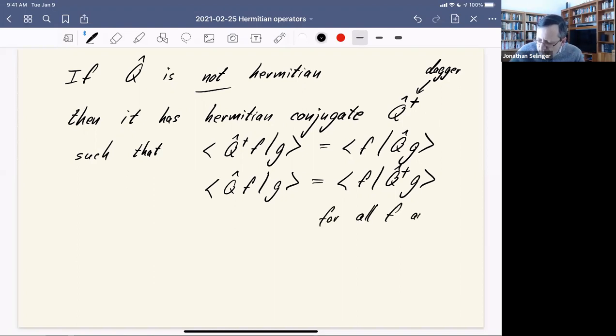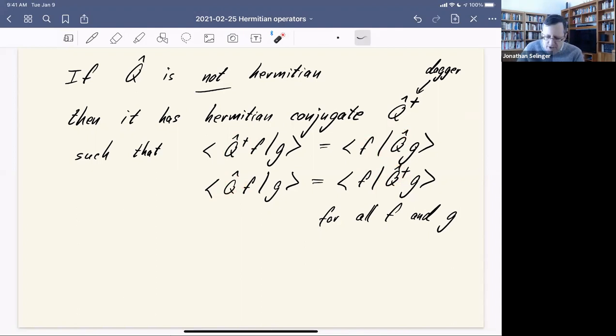So that is to say, if Q is not Hermitian, then if you try to move it from one side of the inner product to the other, it doesn't quite work. You don't get the same operator showing up on the other side, but you get this partner operator, the Hermitian conjugate. And vice versa, if you have a Q dagger here and you try to move it to the other side of the inner product, it's a Q that shows up on the other side.